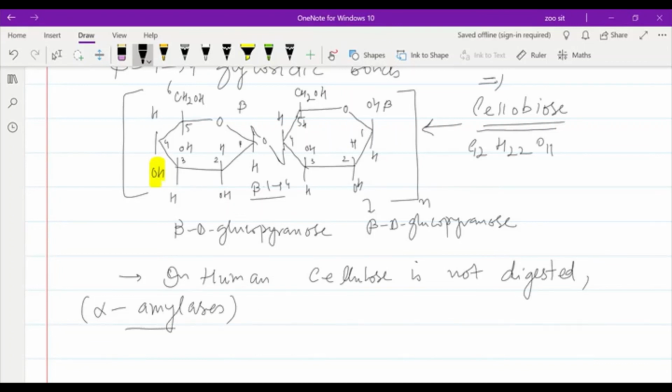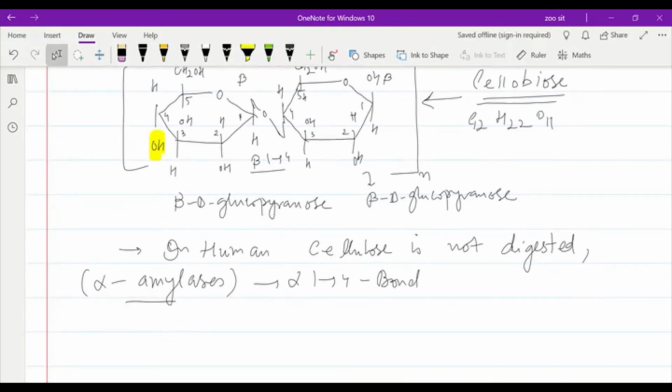Since we know alpha amylase can bring about the breakdown of the alpha 1,4 bond, and in humans there are no beta 1,4 amylases, the cellulose remains undigested and is used as a dietary fiber. It's very significant because it acts as a dietary fiber.